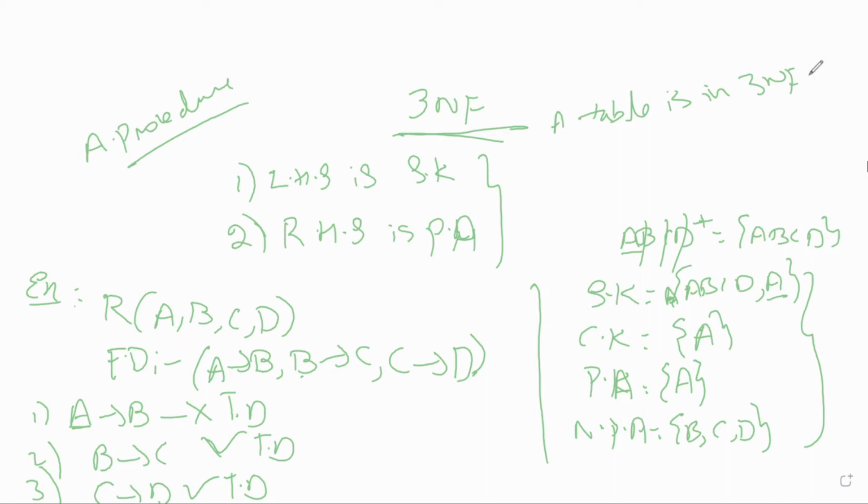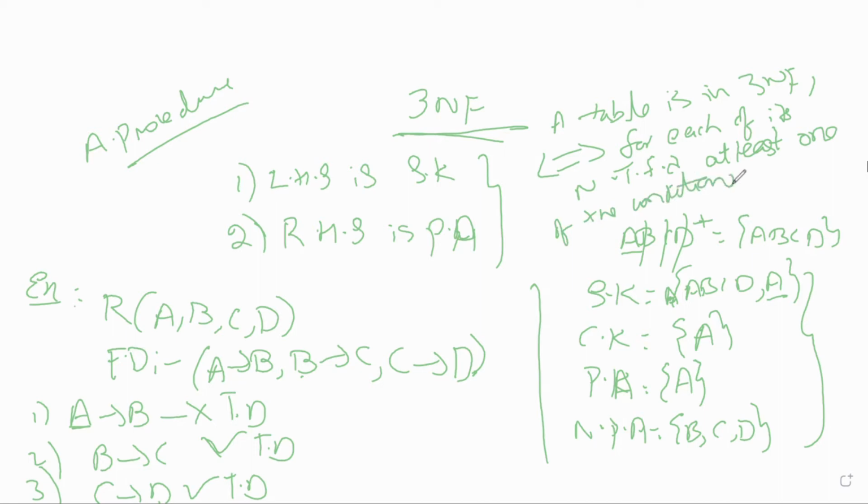A table is in 3NF if and only if for each of its non-trivial functional dependencies, at least one of the conditions holds.